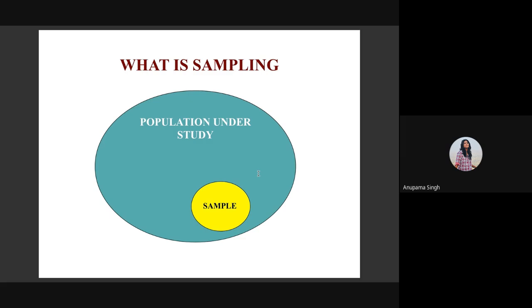Obviously, if the number is very large, we do not want to enumerate the whole population. Sometimes we are short on funds and other things, or we cannot approach each and every individual, or go to every nook and corner of the geographical area. In that case, we opt for a sample. So a smaller part of a population is a sample.